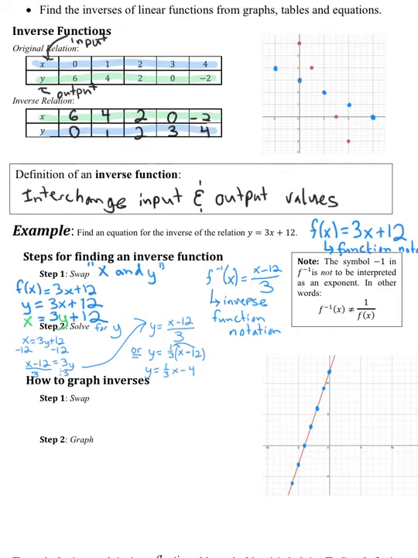And what I should do first, I think that's maybe easiest, because I'm going to swap the x and y values again, just like I did on the previous problem. So I can create a table for myself here. And I think that's going to be the easiest way to keep track of all of my values when I do the swap. You don't have to do a table, but for me, I kind of like doing that.